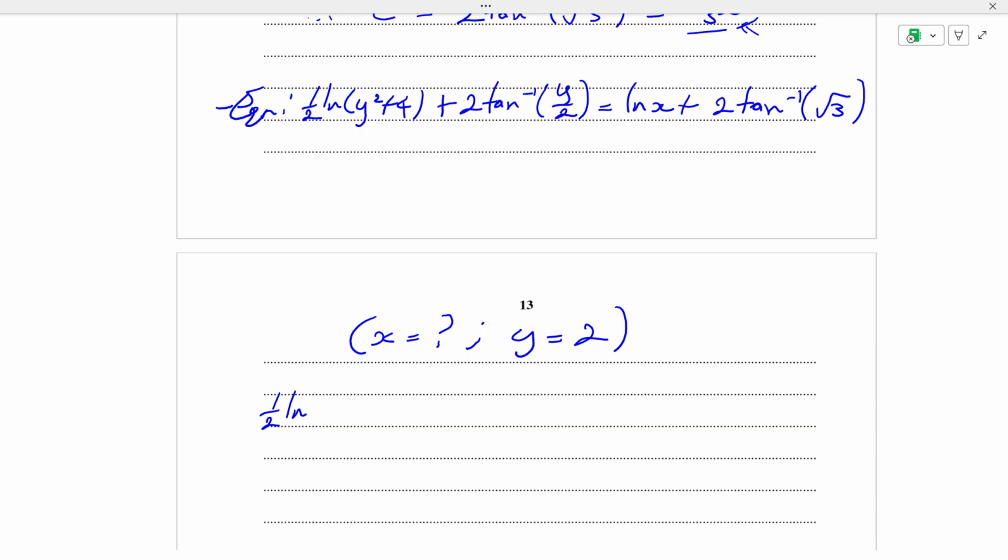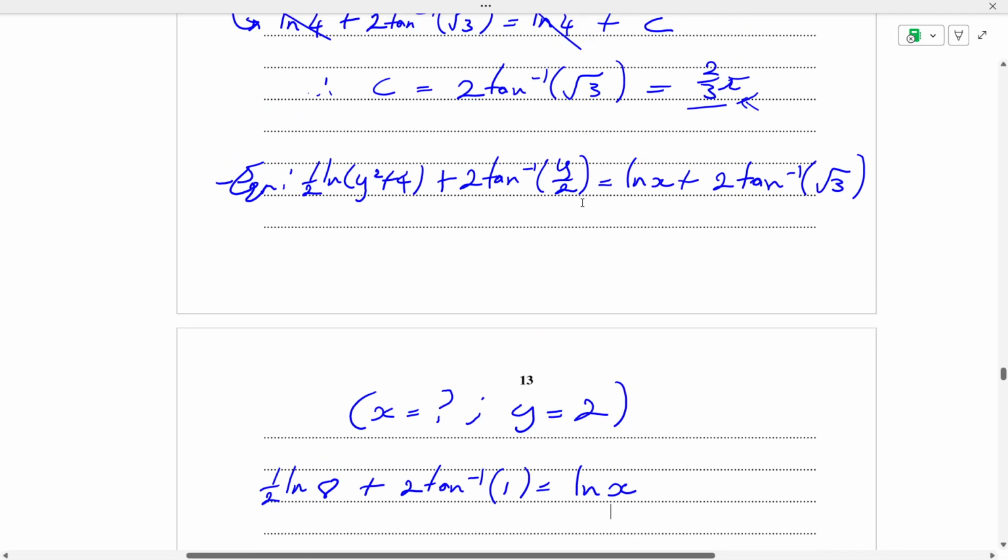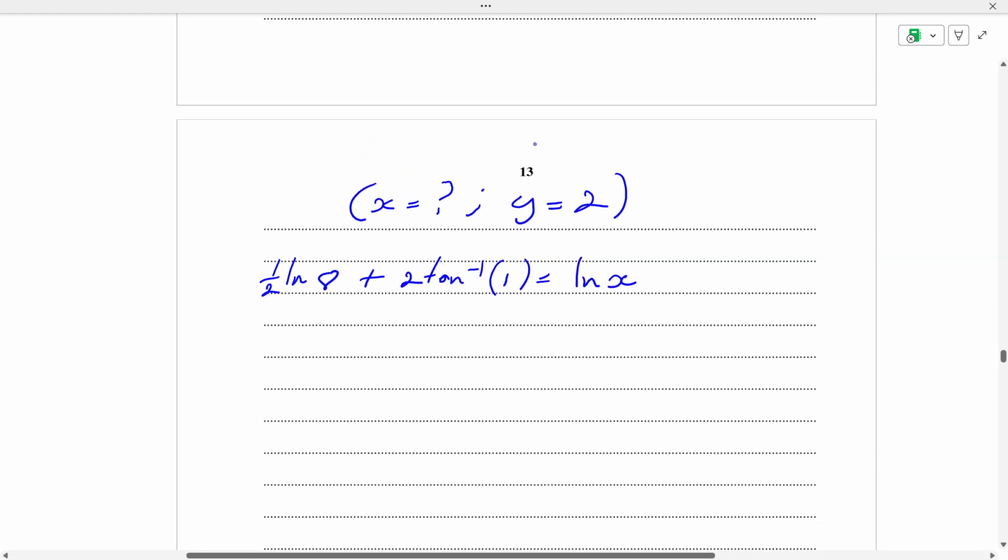When we substitute, y squared, 2 squared is 4, plus 4, that's 8, plus 2 tan inverse of 2 over 2, which is just 1, is equal to ln x, which we need to find, plus 2 tan inverse of root 3, which is equal to 2 over 3 pi. I'll write it as 2 over 3 pi now, since we need to find the value of x.